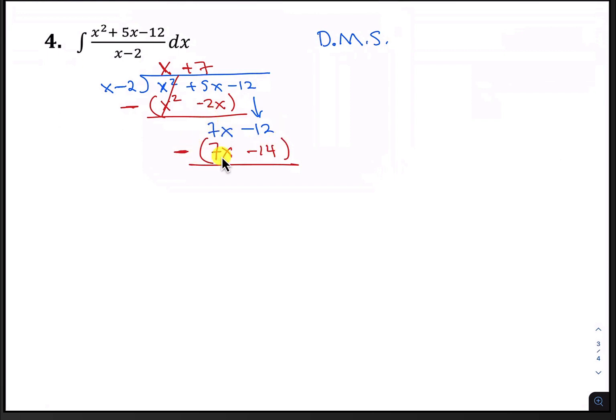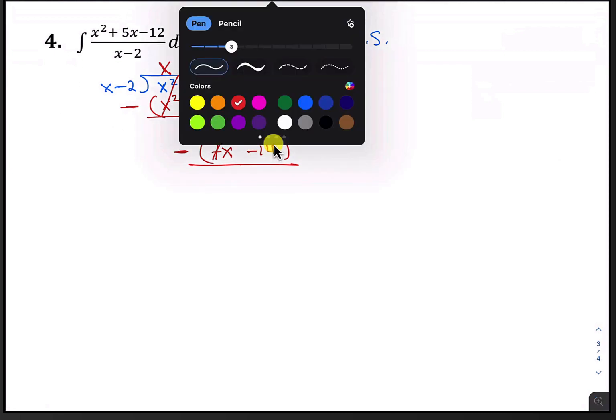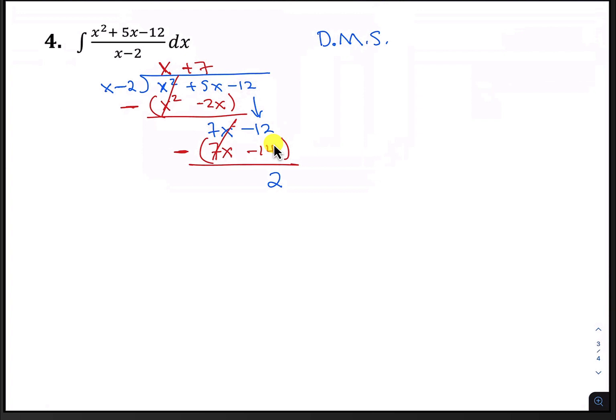7x minus 7x cancels out, and negative 12 minus negative 14, which is actually plus 14, is going to give us 2. Now x cannot go into 2, or I should say 2 cannot be divided by x, so that tells us that we are finished and that 2 is just our remainder.